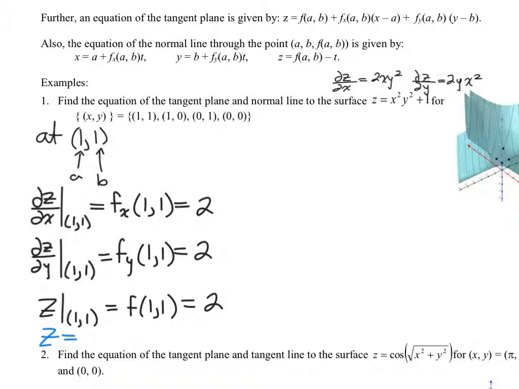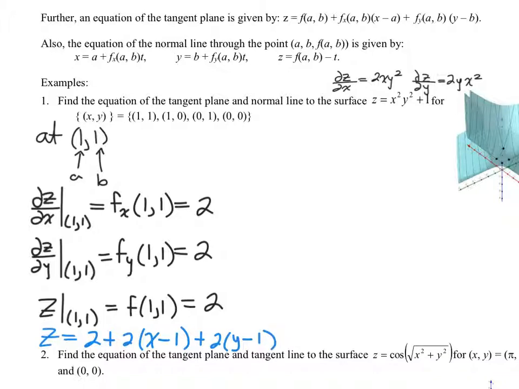So that's a little twist on it. Times x minus, the a value is 1. Plus 2 times y minus also a 1. The b value is 1 also.